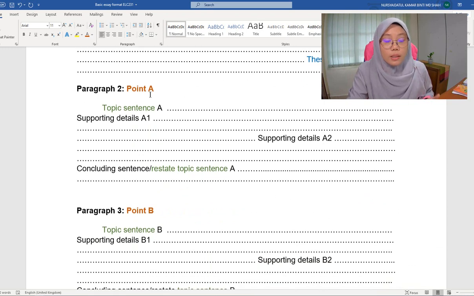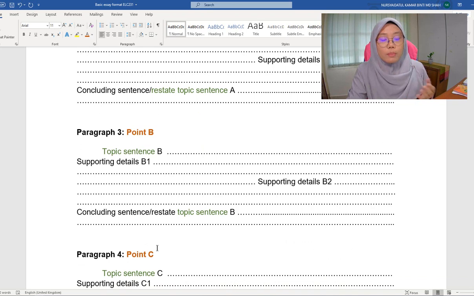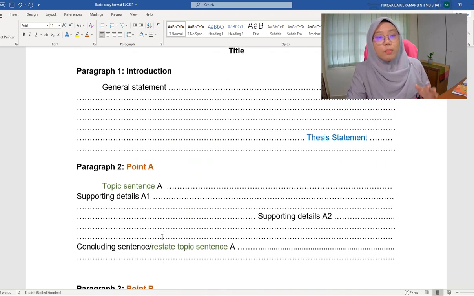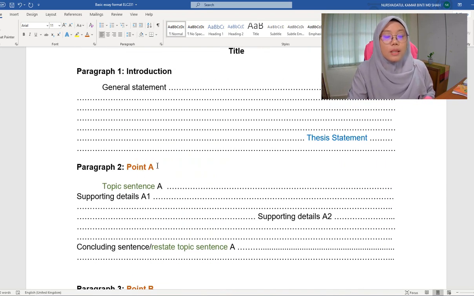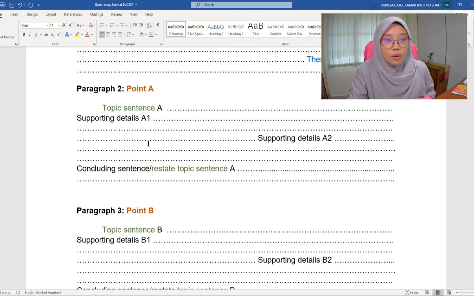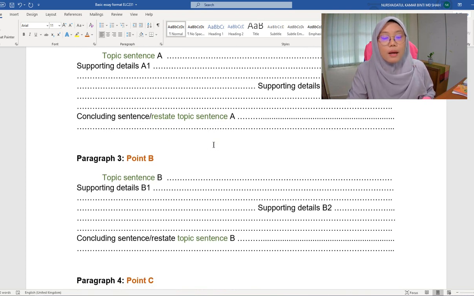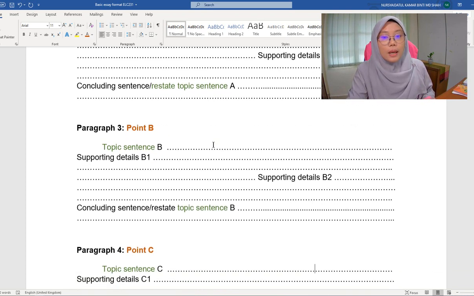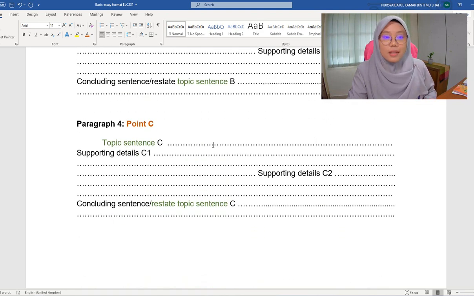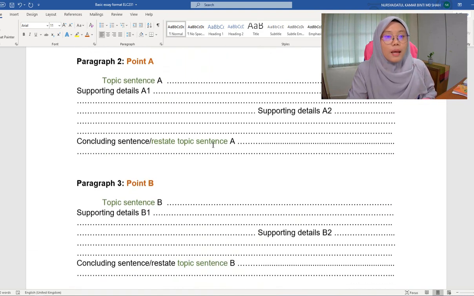What are your ideas? Point number 1, point number 2, and also point number 3. And after you manage to come up with the ideas, then we are going to learn how to construct the thesis statement. So all in all, before you even write, you need to brainstorm for ideas first. And then afterwards, we can start constructing the essay.